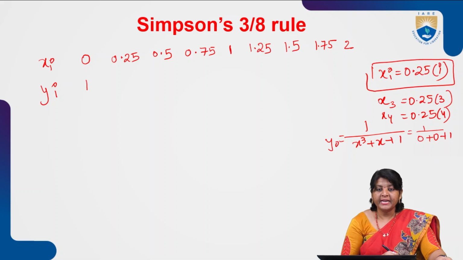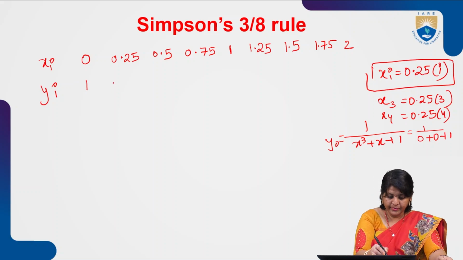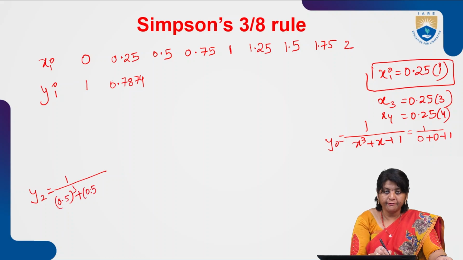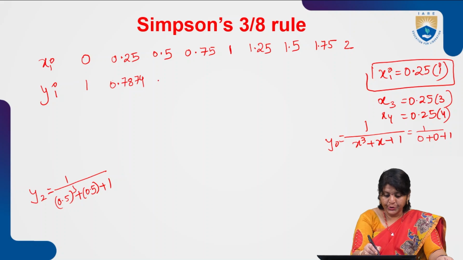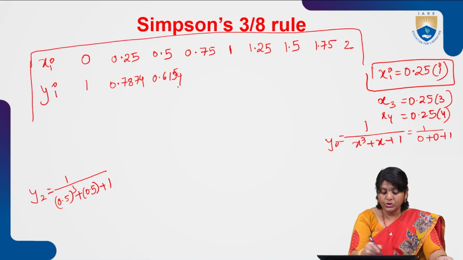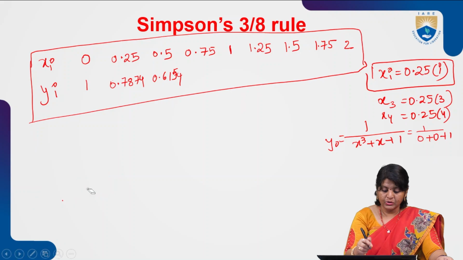Similarly, by substituting the x1 value, you will get 0.7874. Next, the y2 value: 1 by 0.5 whole cube plus 0.5 plus 1. With this value, you will get 0.6154. Similarly, for all the xi values, we will get yi values. For 0.75, the value is 0.4726.